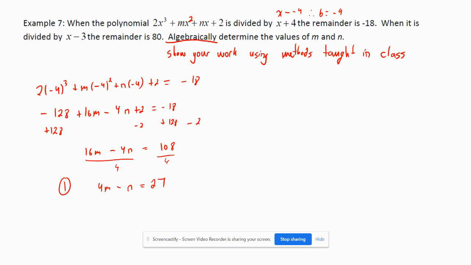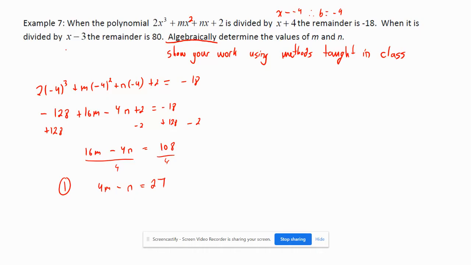Here is the first part of the question over here. So when it's divided by x plus 4, the remainder is negative 18. When it's divided by x minus 3, the remainder is 80. So we're going to do the same thing. So if we're dividing by x minus 3, therefore b equals 3. We're going to plug a 3 in for the x's here.